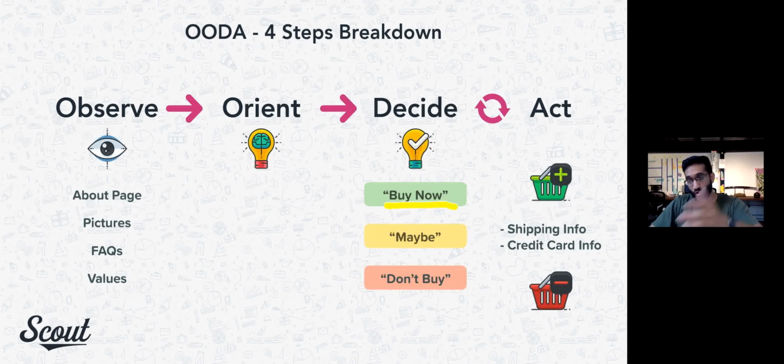You can't do that if you don't know what they're thinking, right? That's what calling your customers does, even if they're abandoned cart through your Scout alerts or whether it's a Raven callback alert. What these two apps are doing is helping you get into the mind of your customer by where they are in their orientation phase.